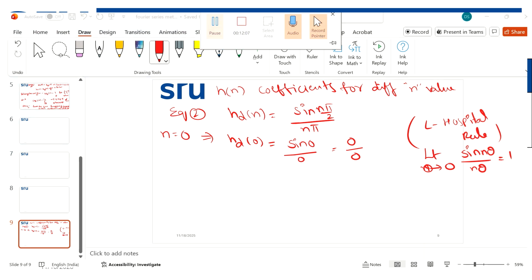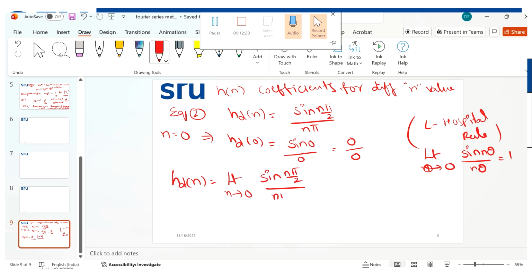Using the same rule, hd of n I am writing as limit n tends to 0, sin n pi by 2 divided by, in the denominator I have only n pi, so that's why I am multiplying and dividing by 2.